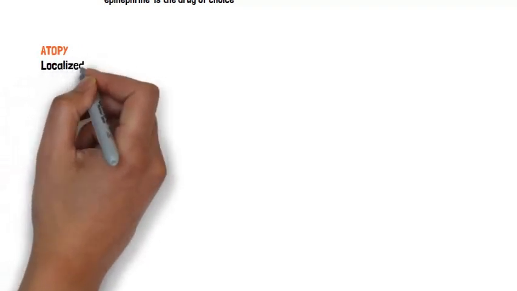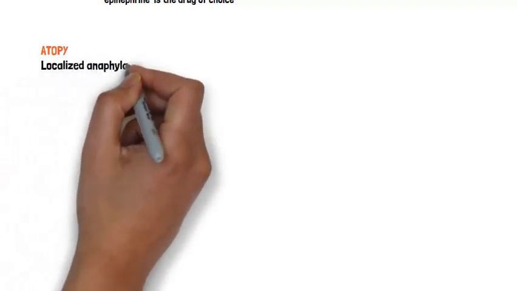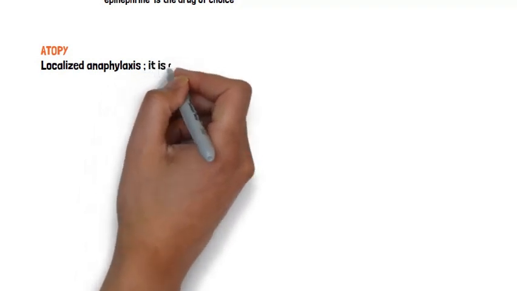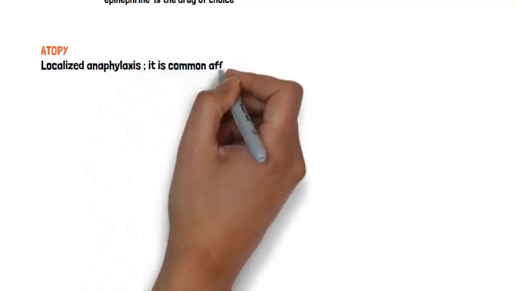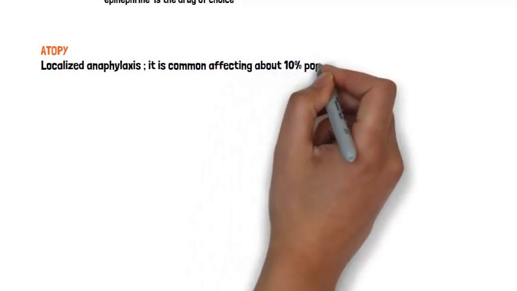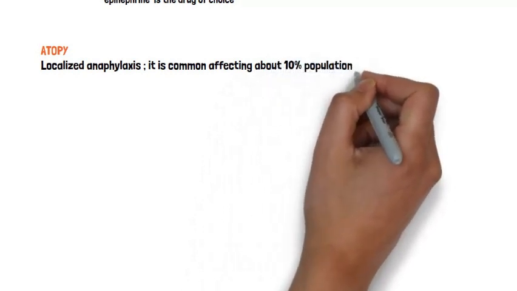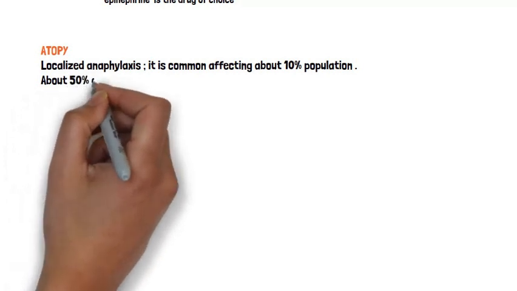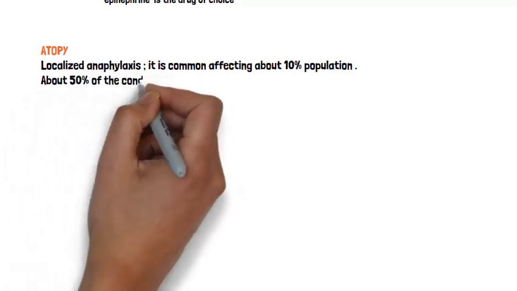Atopy. Localized anaphylaxis is common, affecting about 10% of the population. About 50% of the conditions are familial with genetic predisposition and are therefore called atopic reactions.